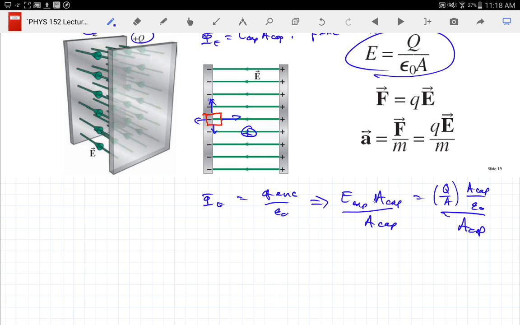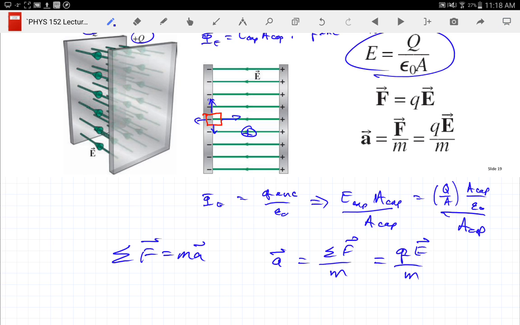That's a vector equation. And because I have a force, Newton's second law says the sum of the forces is equal to mass times acceleration. Hence, the acceleration is equal to the sum of the forces over mass, which is going to be Q electric field over mass. And so it's going to accelerate. It's going to speed up.